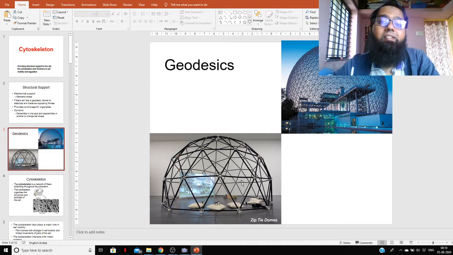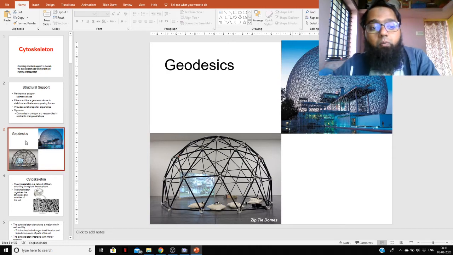These are geodesic structures, geometrical structures where a sphere is formed, and at every pressure point there is a knot through which different bars are connected with each other. If you dismantle one bar, the entire structure cannot be retained.